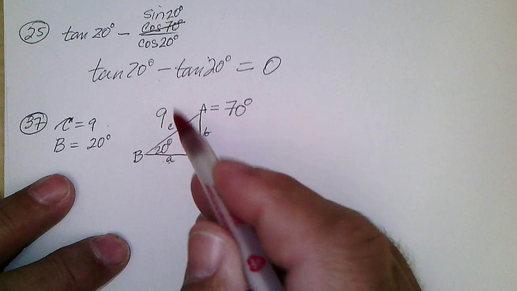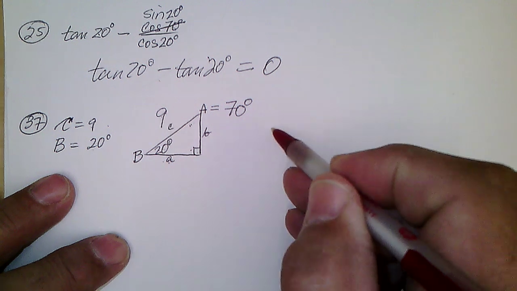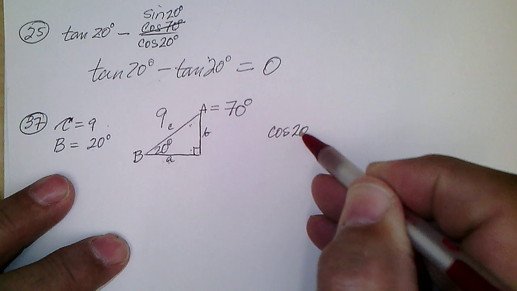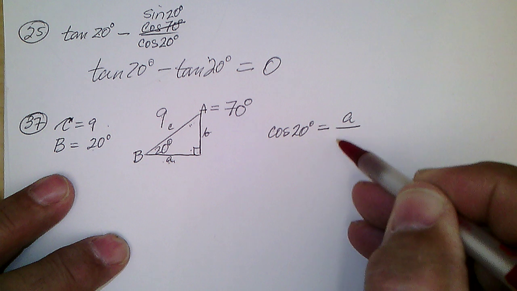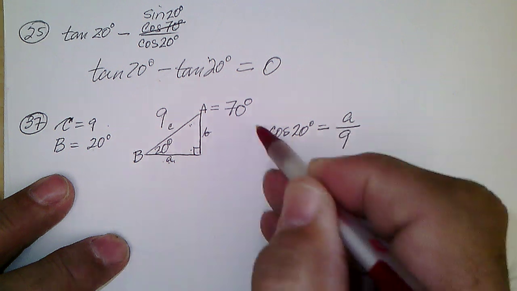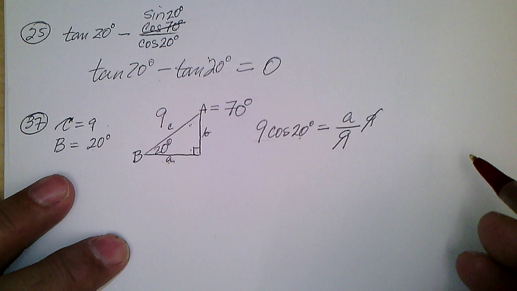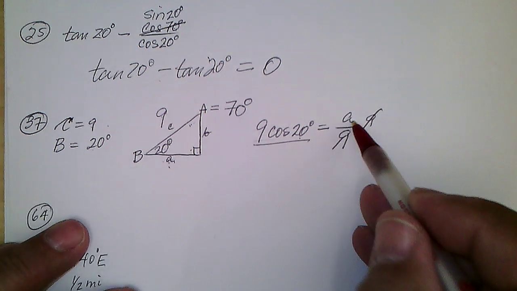So that's the adjacent. 9 is the hypotenuse. And so the cosine of 20 would be the adjacent, A, over the hypotenuse. Or if we multiply both sides by 9, A is 9 cosine of 20. And you can type that into your calculator and get what A is.